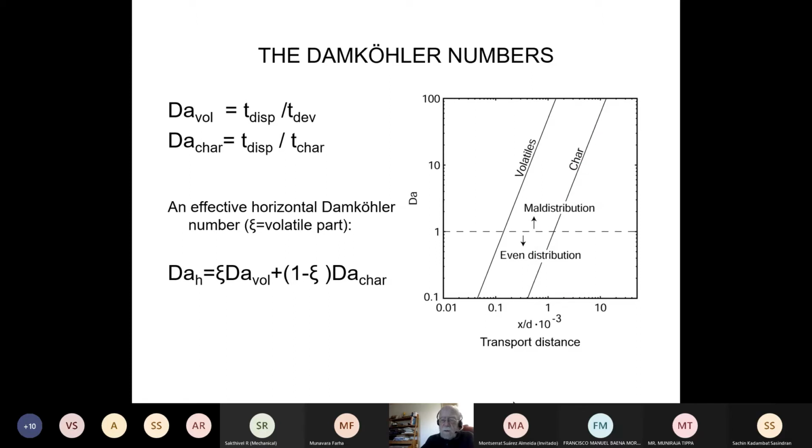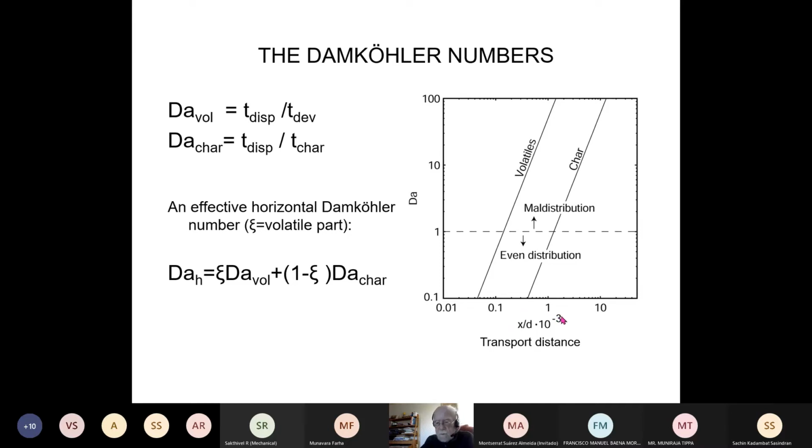And now we know that if the Damköhler number is below unity, the distribution is reasonably even. If it is above, it is a maldistribution. So let's see what we get.